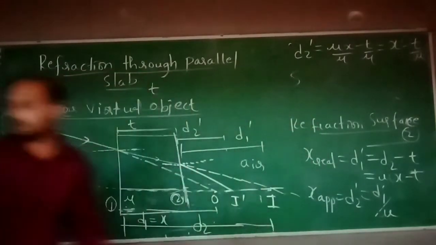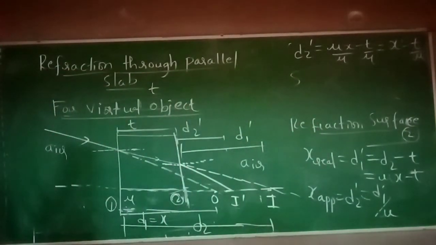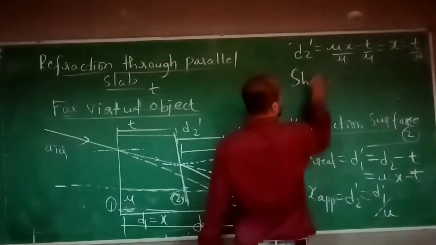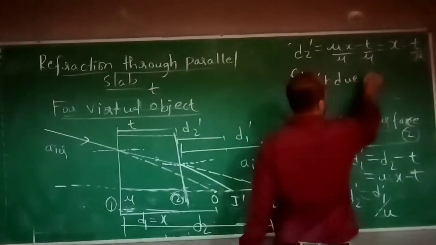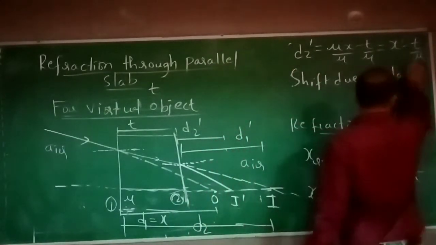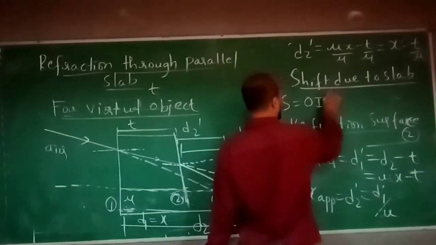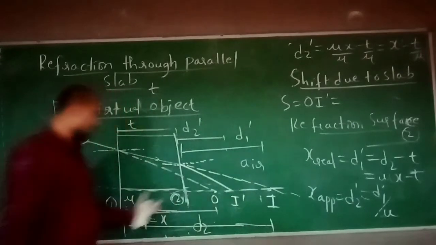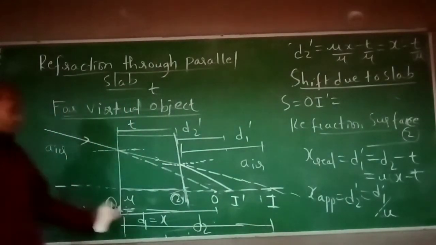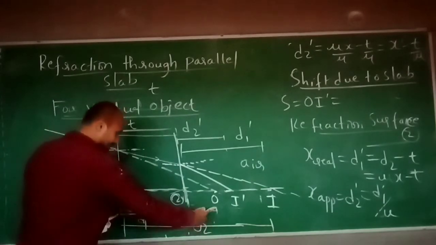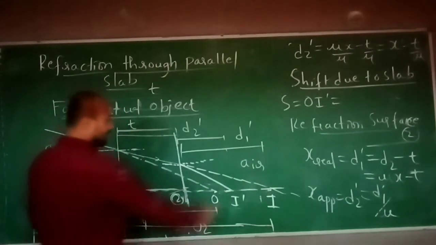What is the shift due to slab? If I take S, this will become OI dash. What is OI dash? Look at here. This is D1. I have to minus this one.